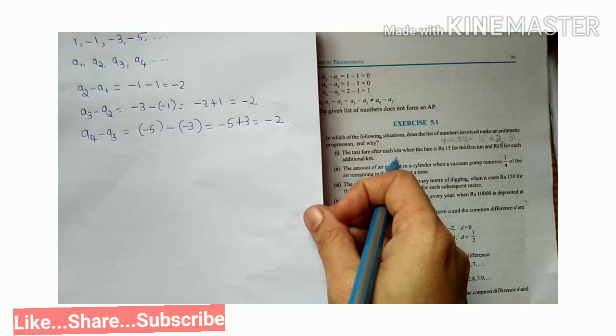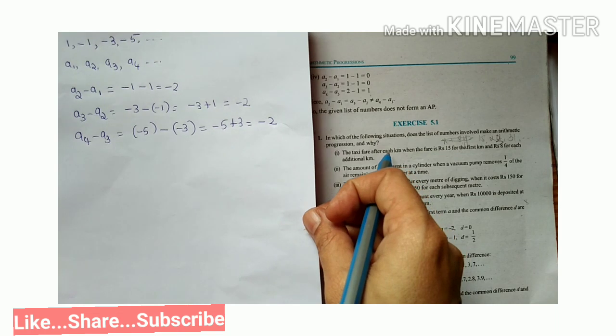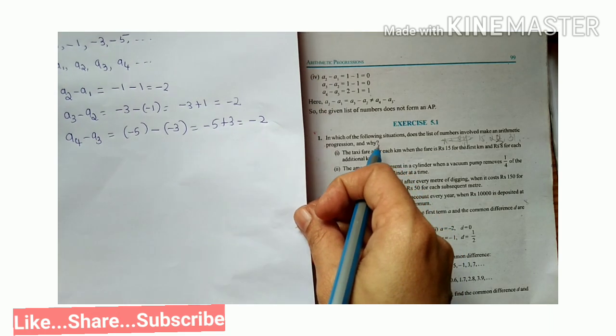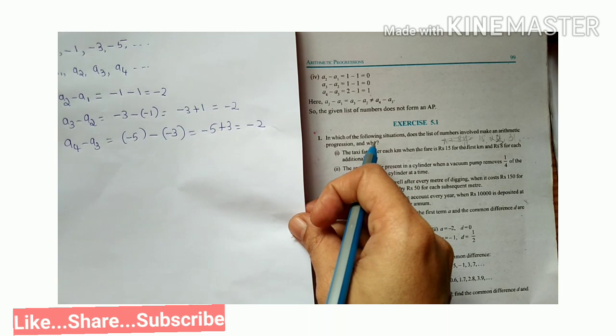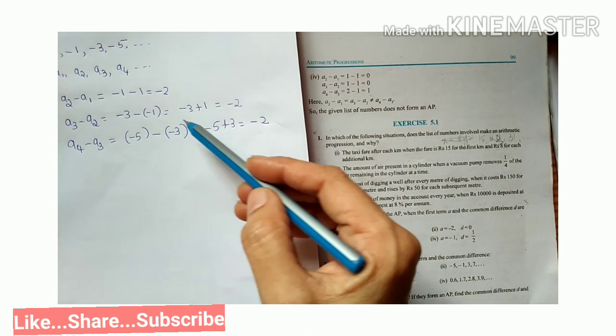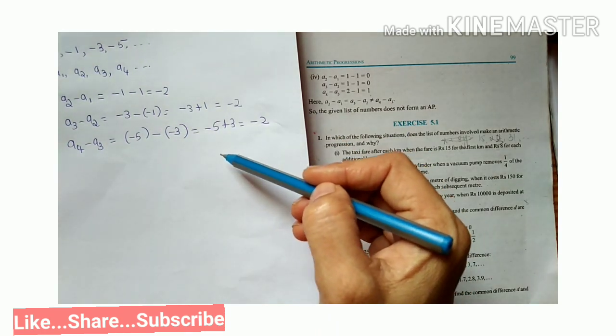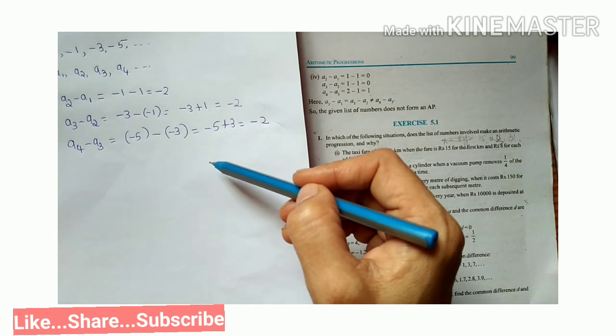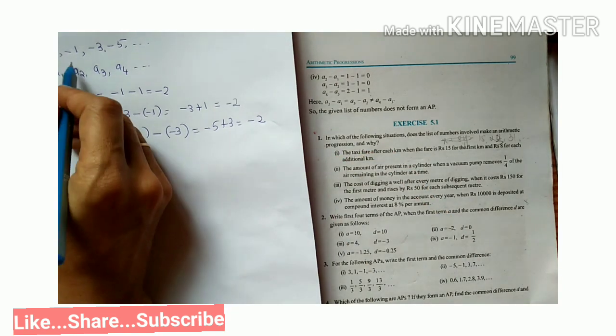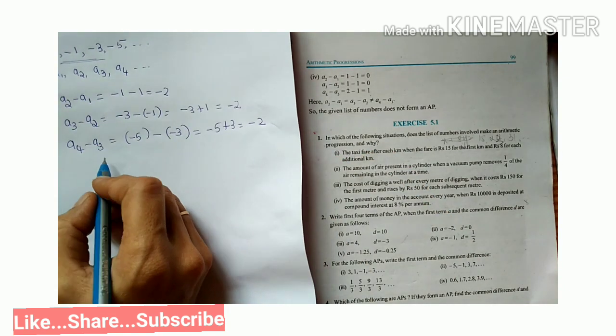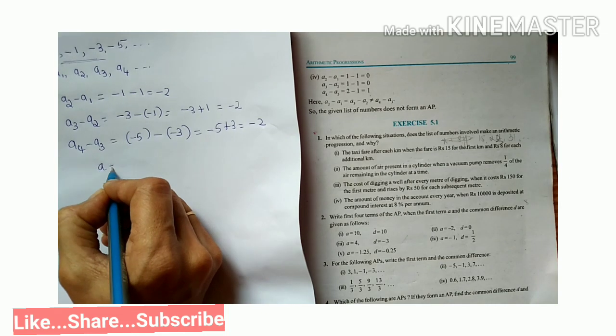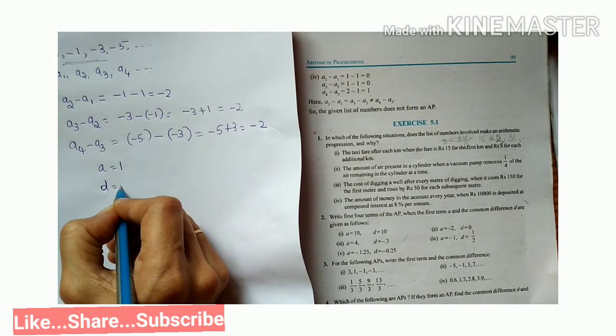We can say the difference of any two consecutive terms in each case is same. So the given list is an AP whose first term is 1, and common difference is -2.